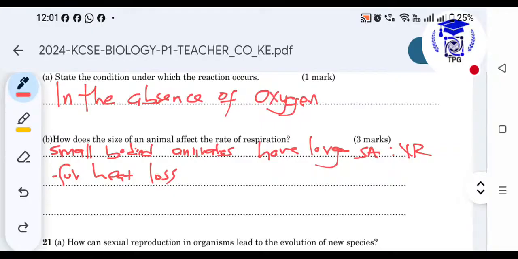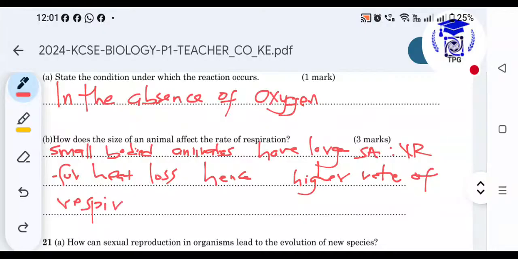Hence a higher rate of respiration to compensate the lost heat.